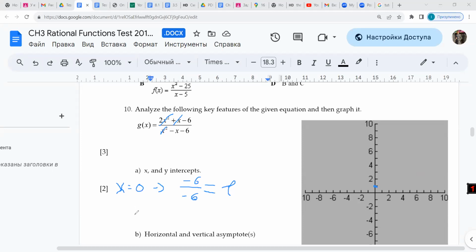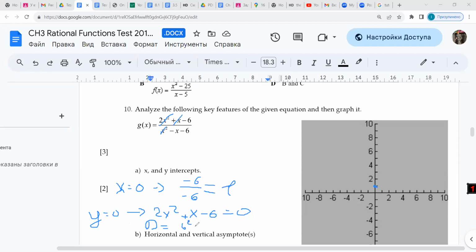Then how to find the x-intercepts? Basically, we need to set y equals 0, and that is possible when the numerator equals 0. So 2x squared plus x minus 6 equals 0. And now we just have to solve this. I love to use the discriminant.